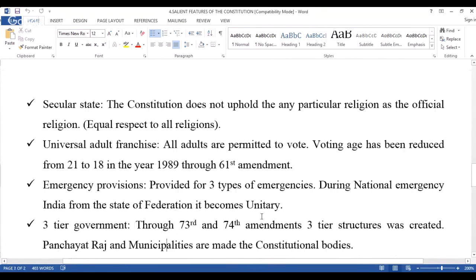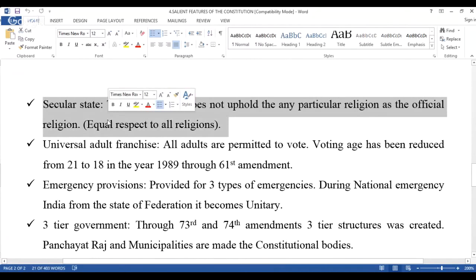Secular state. Look at this. Secular state means equal respect to all the religions. In fact, this is considered to be a very, very powerful force in India.